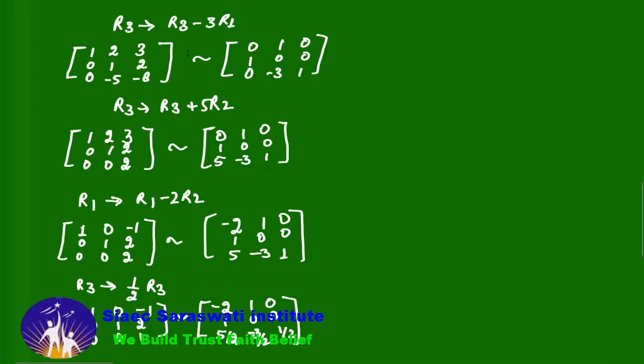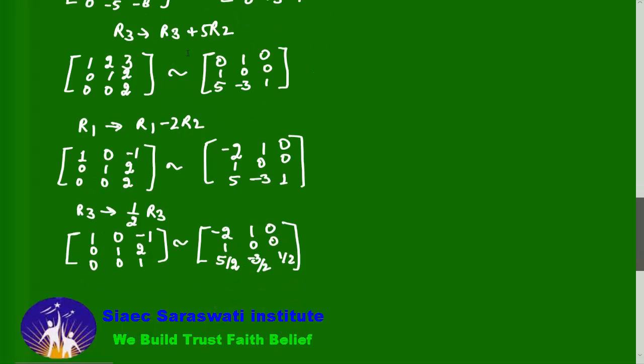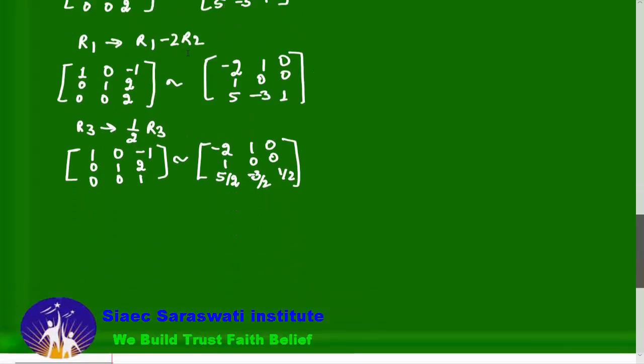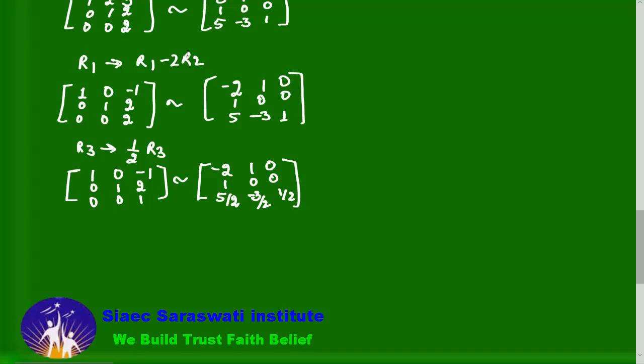Okay, moreover, if you apply the next property, so what is the target? The target is that above this one the both element must be 0.